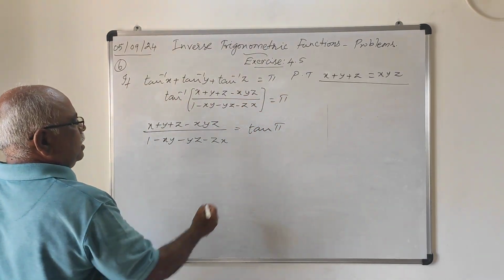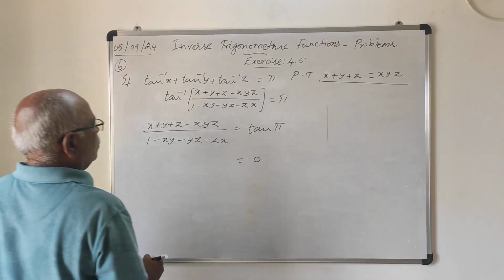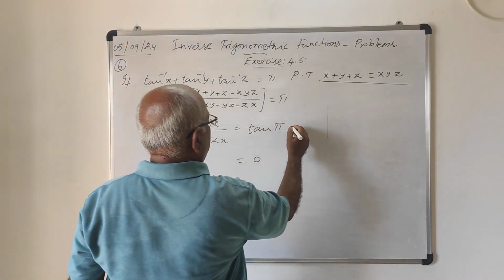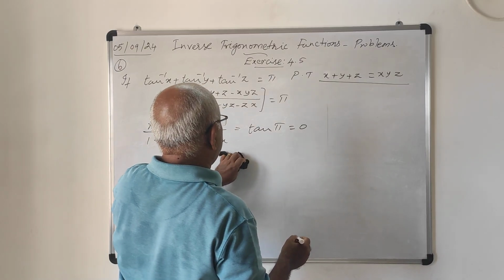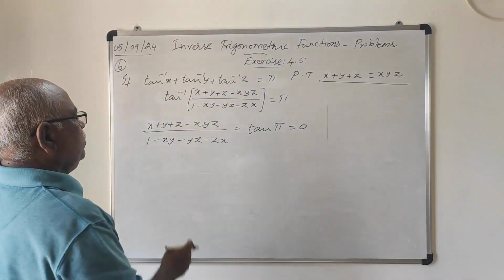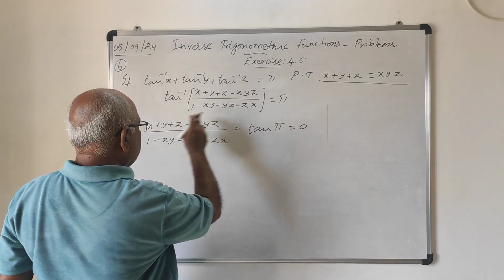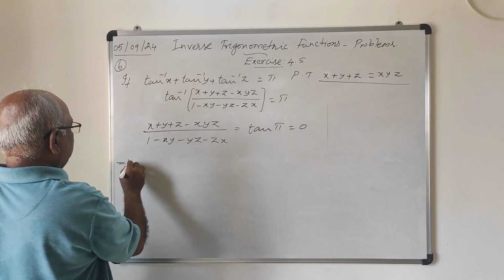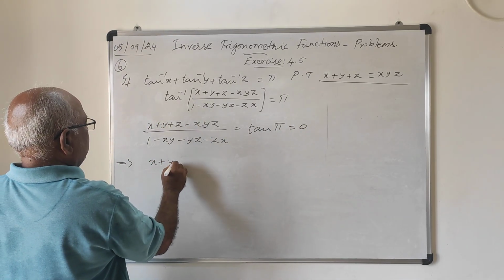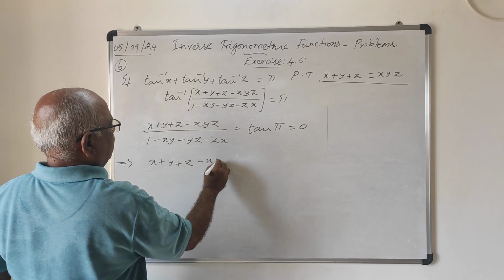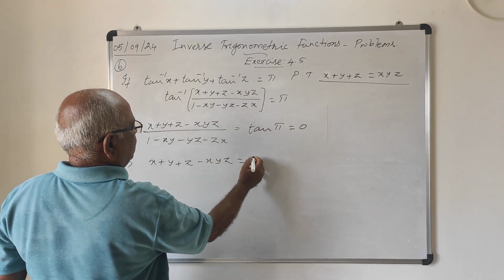What is tan pi? Tan pi is 0. So this quantity is 0. From this expression, if the fraction is 0, it means the numerator is 0. This implies x plus y plus z minus xyz equals 0.